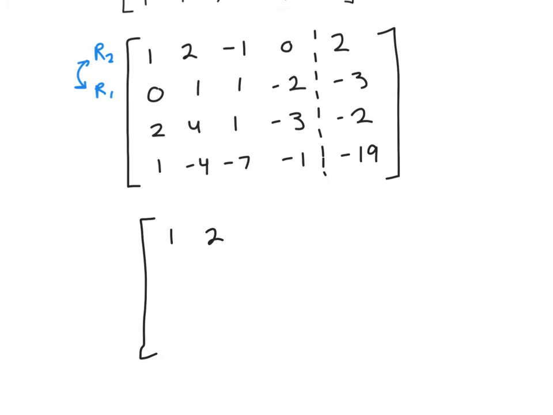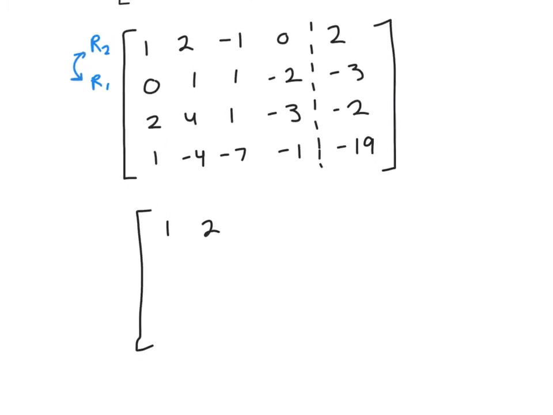So I'm going to start by rewriting our first row. So 1, 2, -1, 0, 2. Then we have 0, 1, 1, -2, and -3. Remember, in row 3, we are going to do -2 times row 1, and add it to row 3.